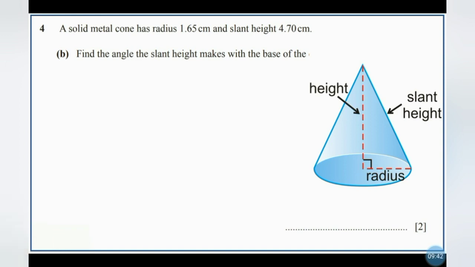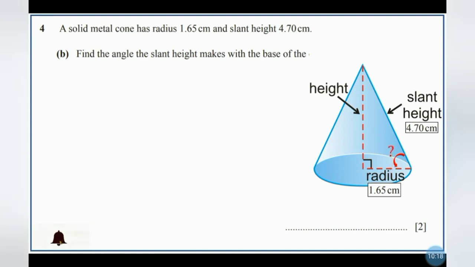So you take a look at it, I have a height, and then I have the radius, then this is the slant height, but I don't mind about the height because what I'm just taking a look at is the angle where the slant height and the base are making. Radius is 1.65 cm, slant height is 4.70 cm. The angle that we are looking for is this. So that is a question mark.